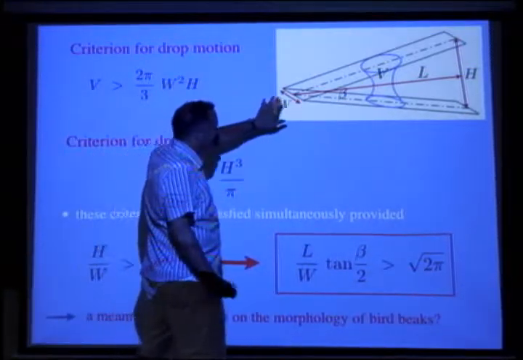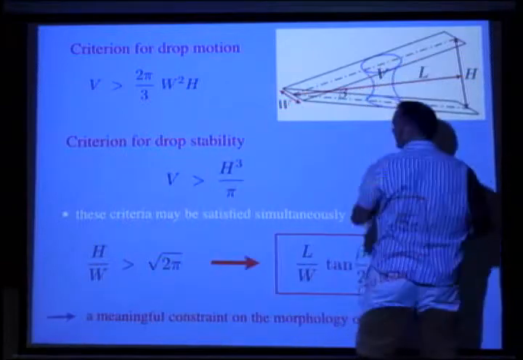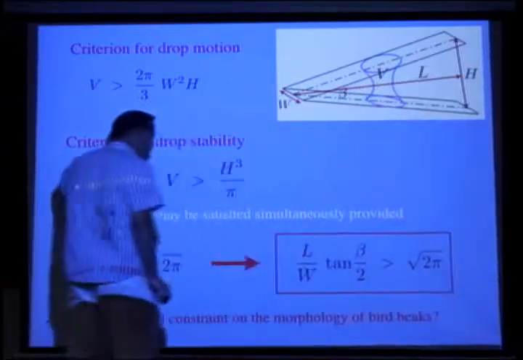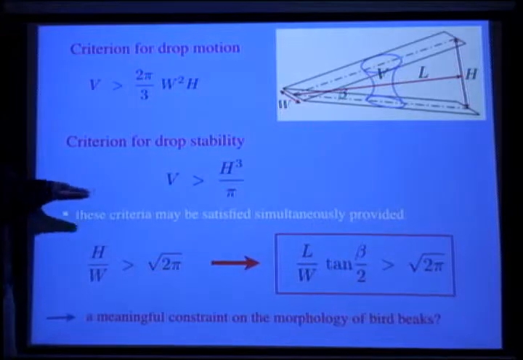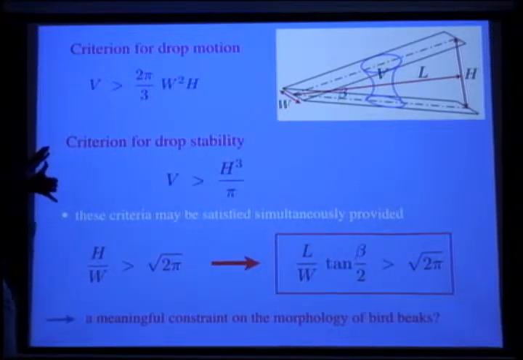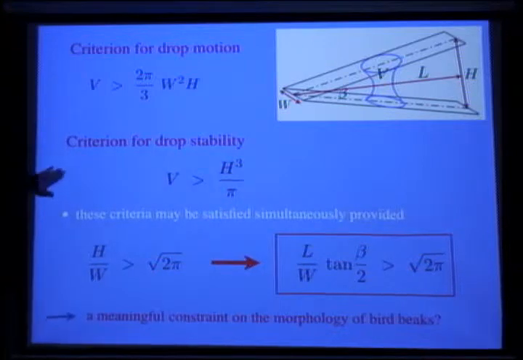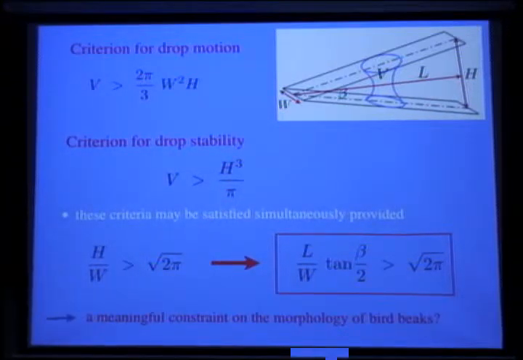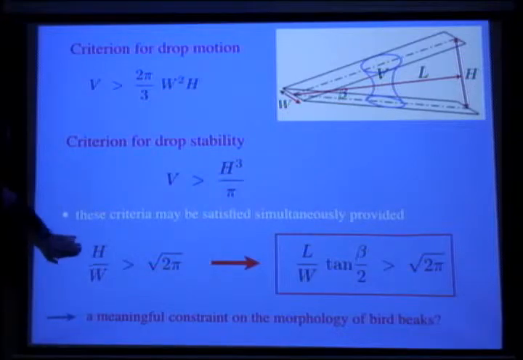W being the thickness, H being the opening angle. And you have an additional requirement for drop stability: if the plates are too far apart, then the drop will break. If you consider these two taken together, you have this criterion for spontaneous drop motion.